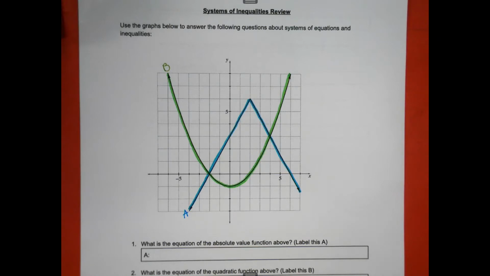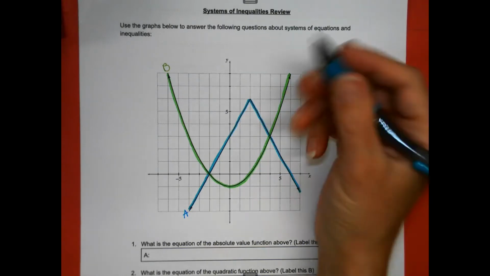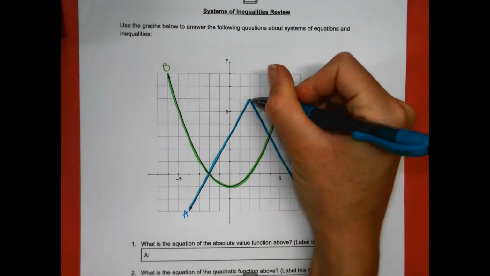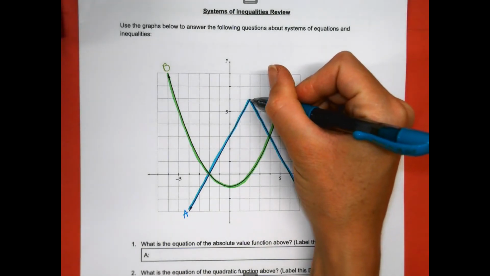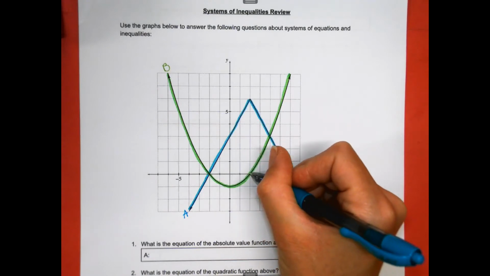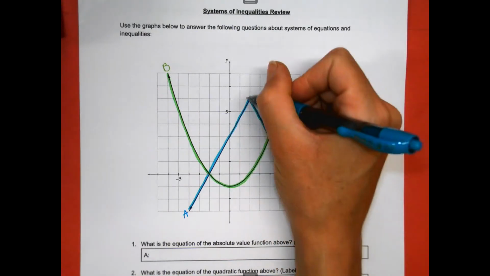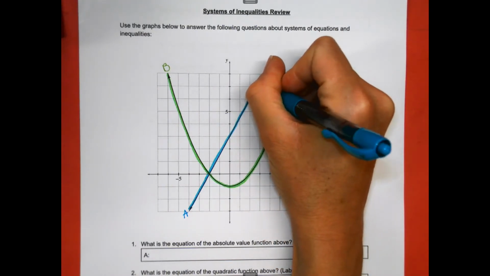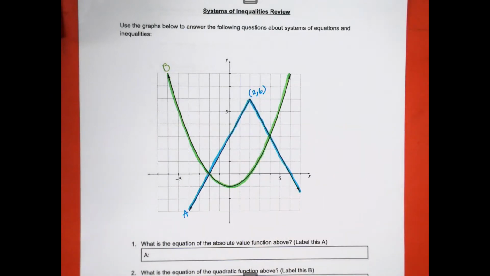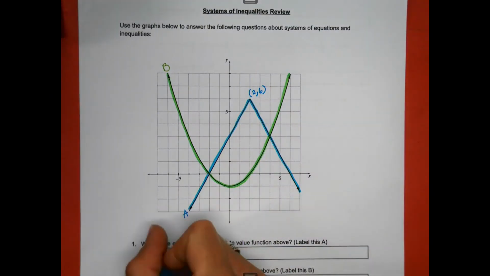And remembering back when we talked about transforming parent functions, we see that the vertex of this absolute value is at +2, +6. That is going to help us write our equation.